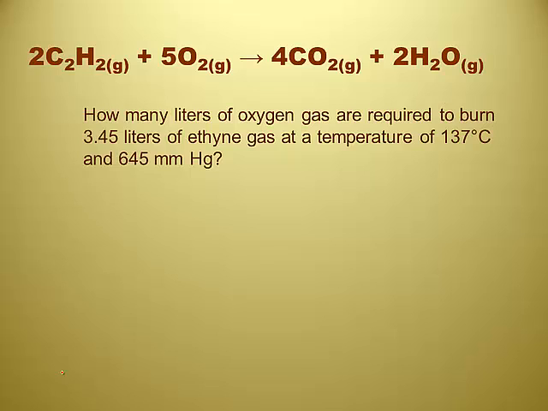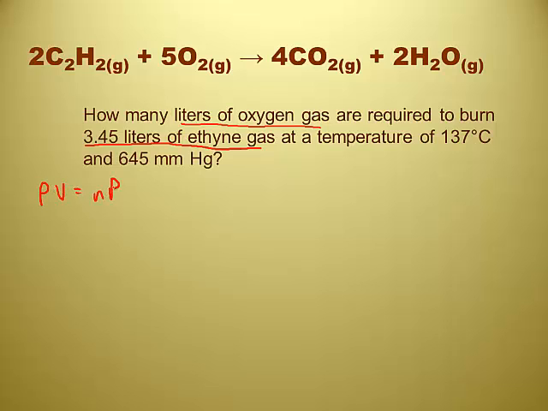How many liters of oxygen gas are required to burn this? This is not STP, so something tells me we're going to be doing PV = nRT. They're telling me the number of liters of ethine gas, and they're asking me for liters of oxygen gas. So we're doing PV = nRT twice, once at the beginning to get the moles, and once at the end to get the liters. Okay, let me do my first PV = nRT.